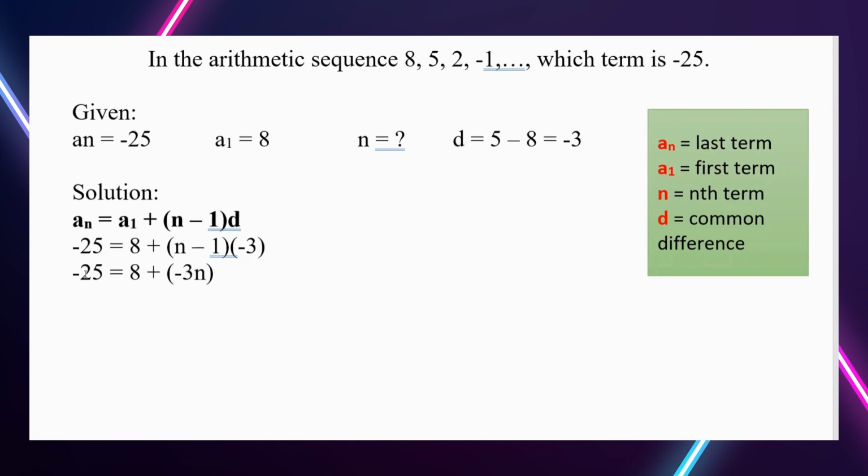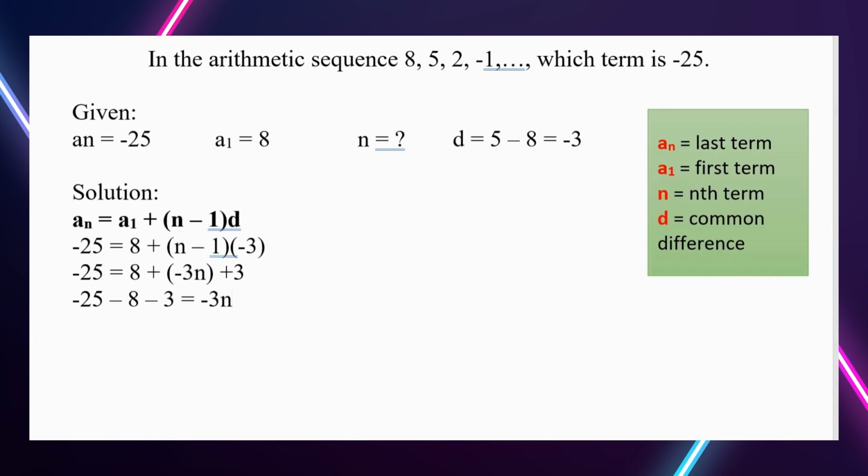Negative 1 multiplied by negative 3 is positive 3. Combine like terms. So negative 25 minus 8 minus 3 is equal to negative 3n.